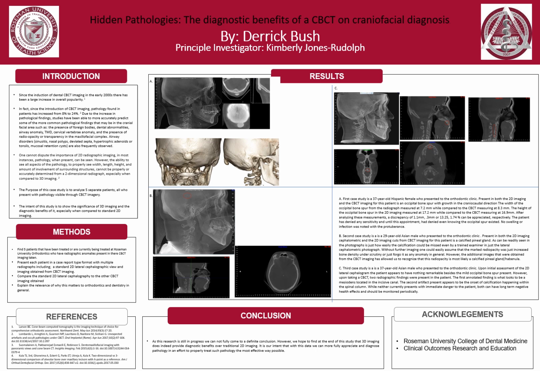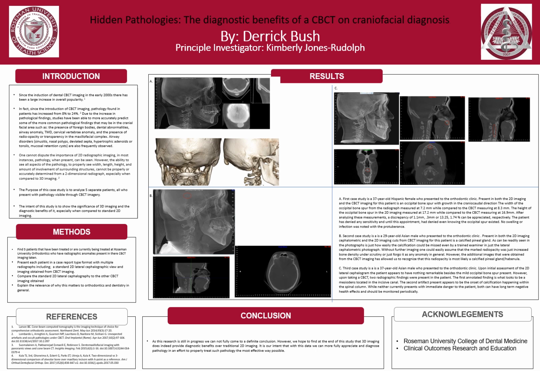However, upon taking a CBCT, we found two things that stuck out to us. The first is that this patient appears to have a mesiodens located in the incisive canal, which is quite uncommon.